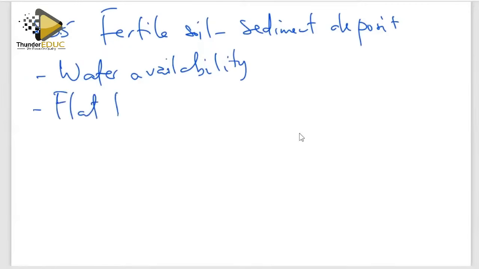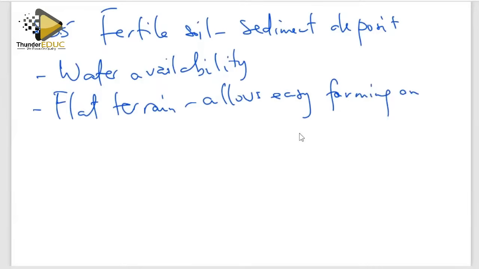It's a flat terrain on a delta, which also allows easy farming and use of machinery. So for those reasons, you can safely say a delta is an ideal place for farming.